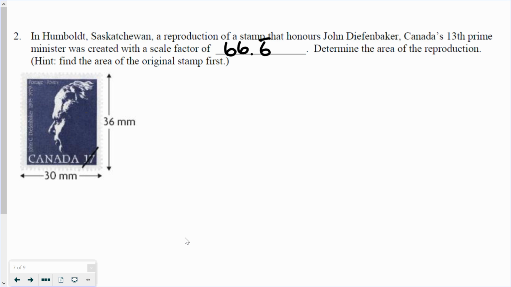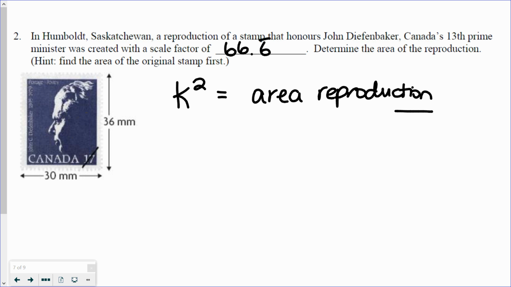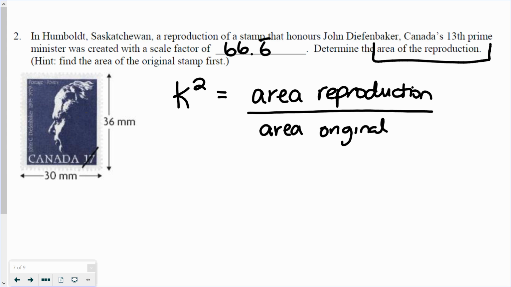So it says determine the area of the reproduction. Again, from that second formula on the last page there, k squared is equal to area of the reproduction divided by the area of the original. So it's asking us for the area of the reproduction here.